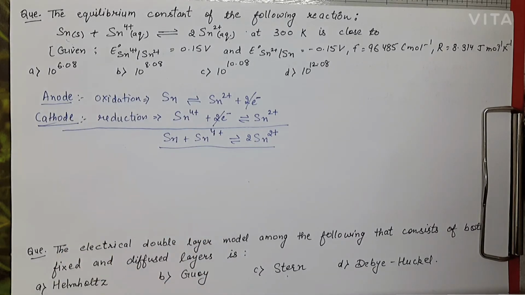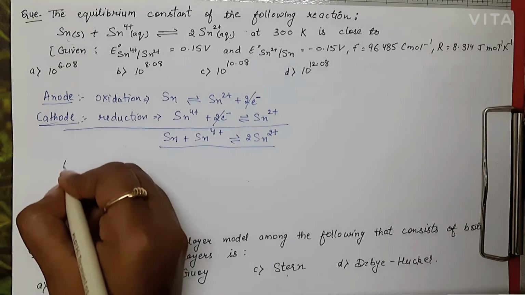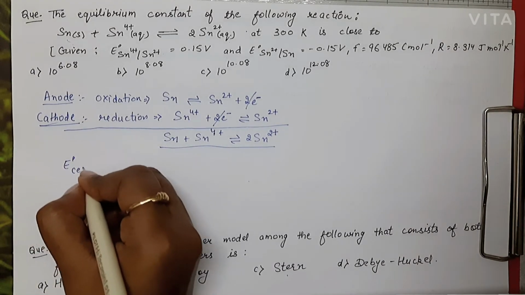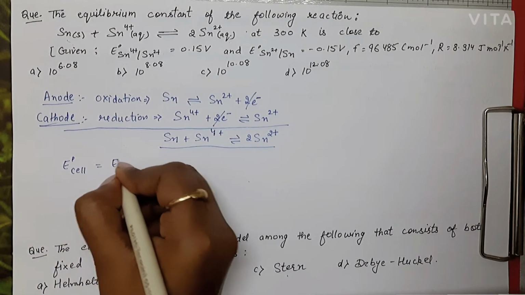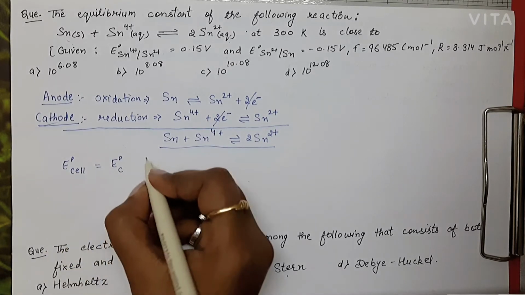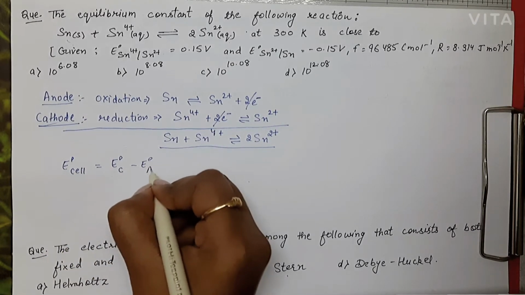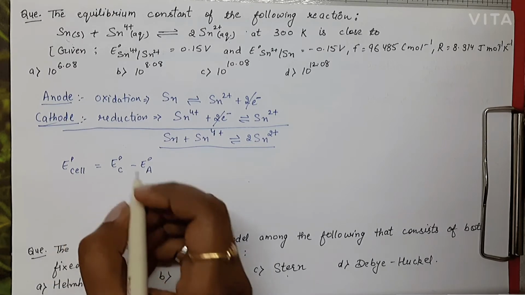If I want to know the E naught of the cell, then E naught of cell will be equal to reduction potential at cathode minus reduction potential at anode. This is in terms of reduction potential.